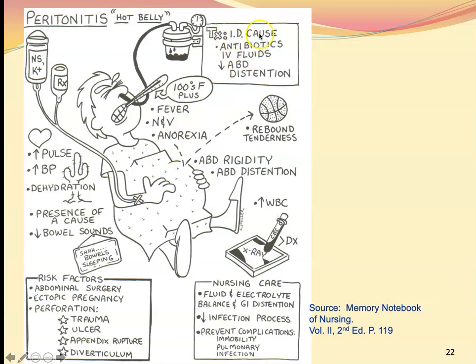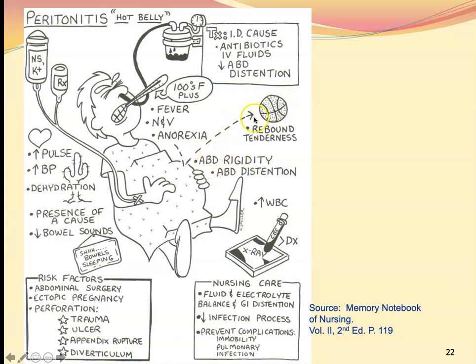So you want to find out what's causing the problem and eliminate the cause. And then antibiotics, like I mentioned, IV fluids. And then we want a tube to decompress the abdomen, to lower the abdominal distension.